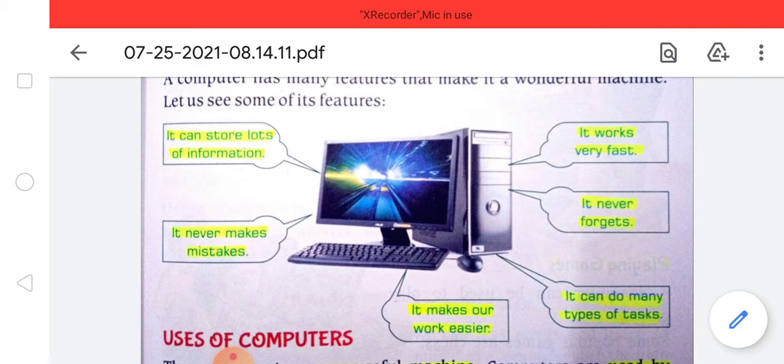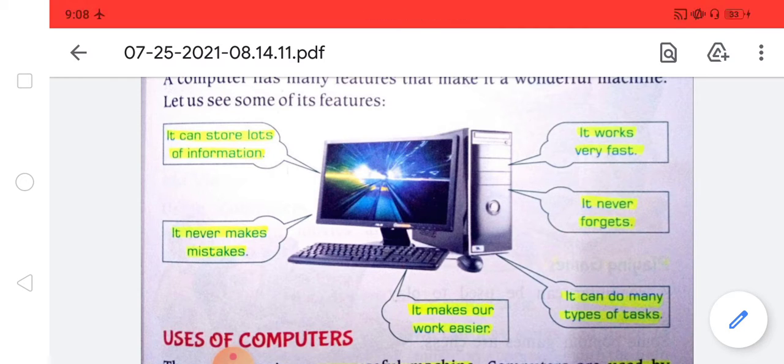It can store lots of information, students. So the first feature of computer is it stores lots of information. The second one is it never makes mistakes. In the third one, it makes our work very easier.